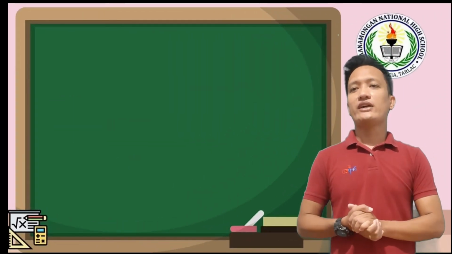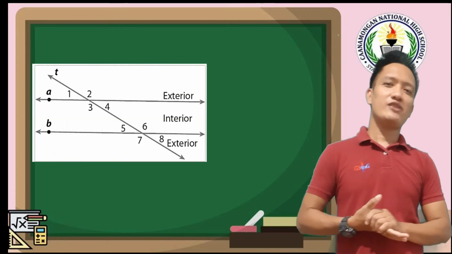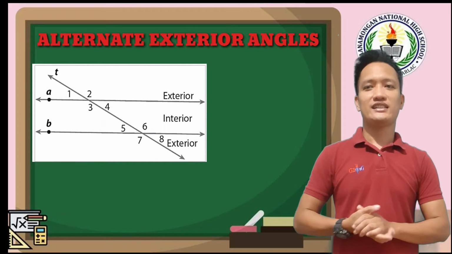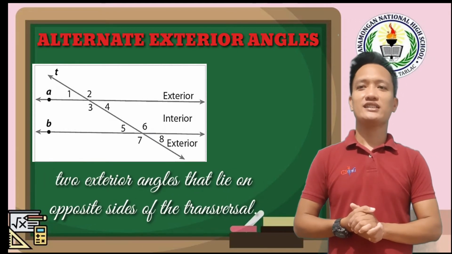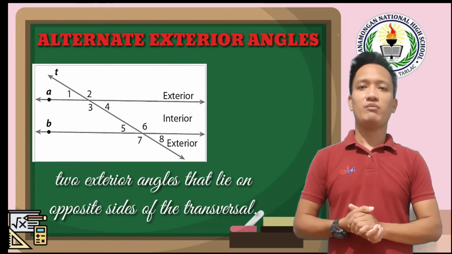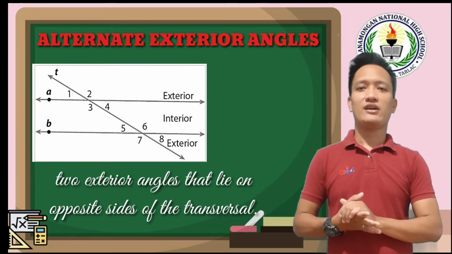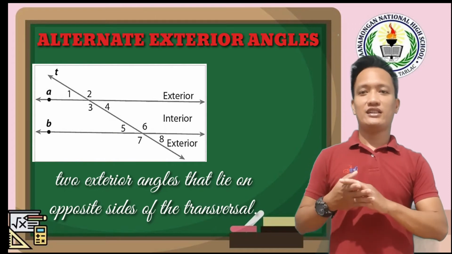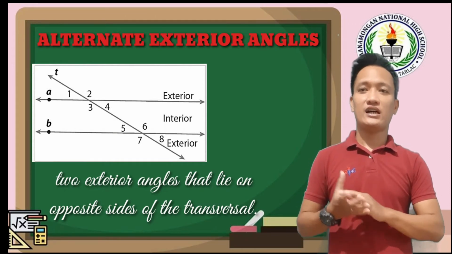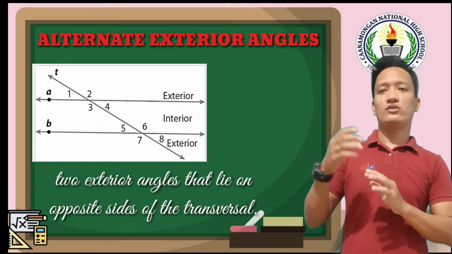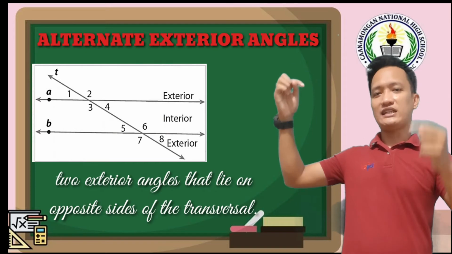So, kung meron tayong alternate interior, syempre meron din tayong alternate exterior angles. So what are alternate exterior angles? Alternate exterior angles are two exterior angles that lie on opposite sides of the transversal. So, parang kanina kung meron tayong interior, meron tayong exterior. So, pag sinabi natin na alternate exterior, yung magka-opposite na nasa labas naman.